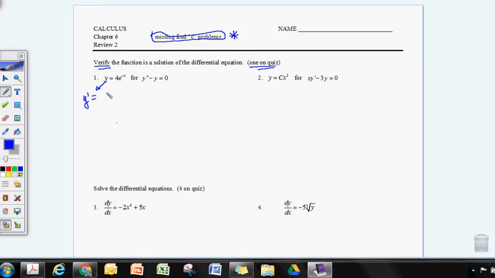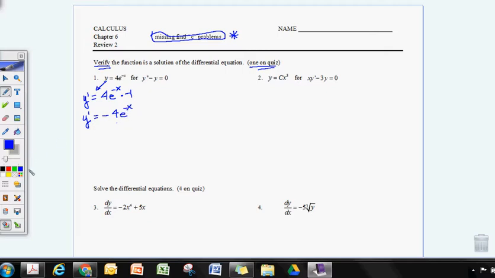And when I take its derivative, the 4 comes down. The derivative of e to the negative x is e to the negative x, and then that would also be times the derivative of the exponent, negative 1. So my derivative is actually negative 4e to the negative x.